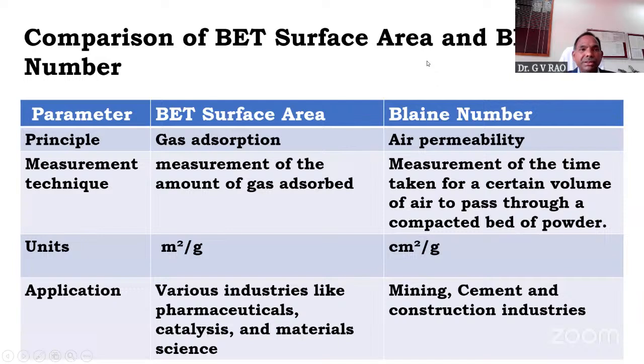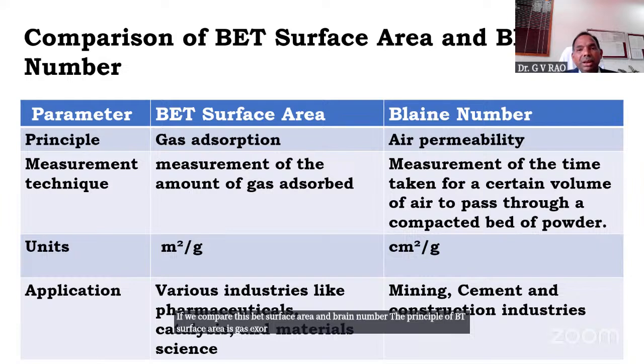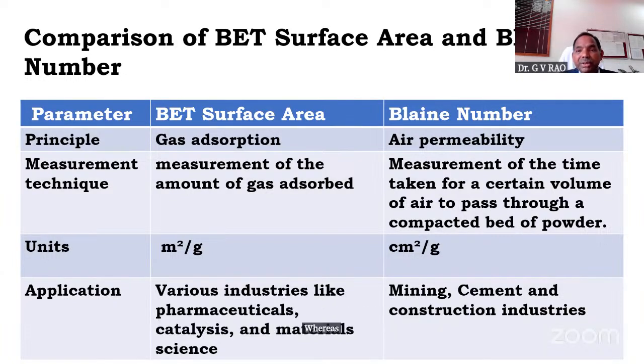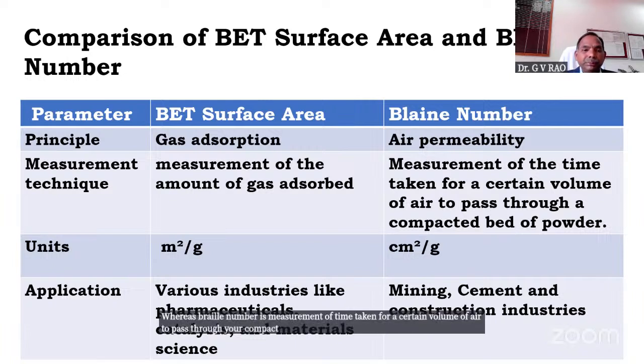If we compare BET surface area and Blaine number, the principle of BET surface area is gas adsorption, whereas Blaine number is air permeability. The measurement technique for BET is the amount of gas adsorbed on the particle surface, whereas Blaine number is the time taken for a certain volume of air to pass through a compacted bed.